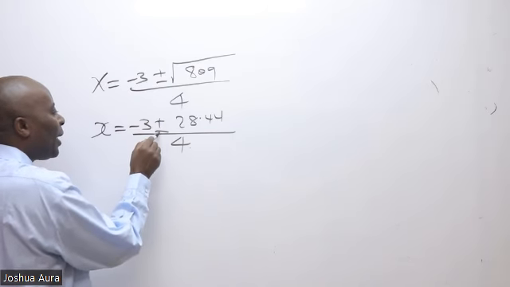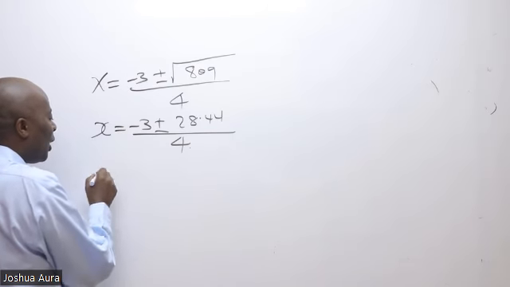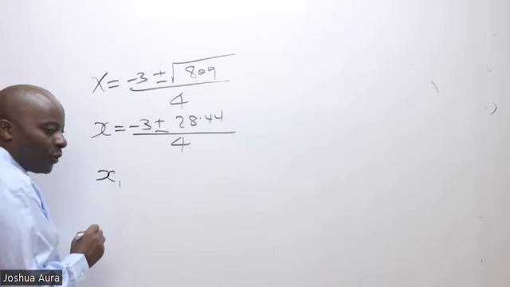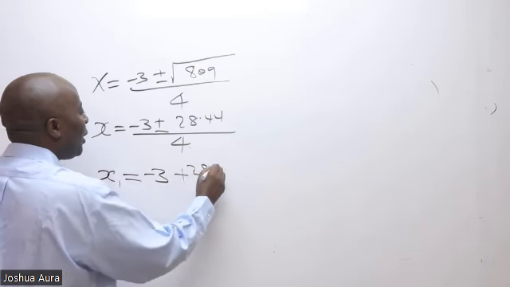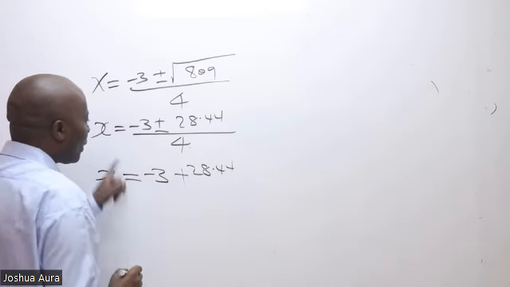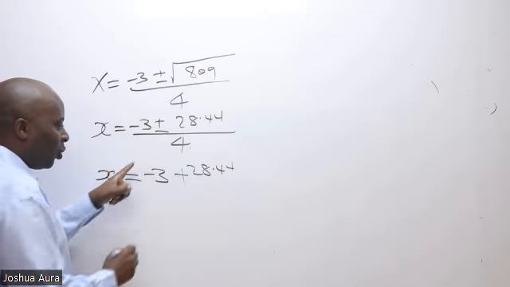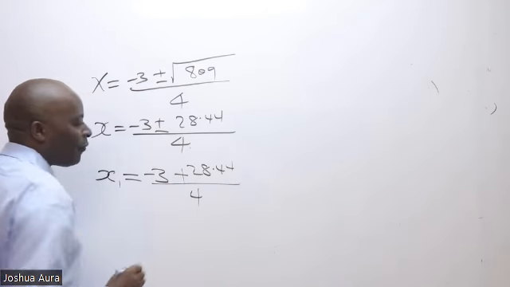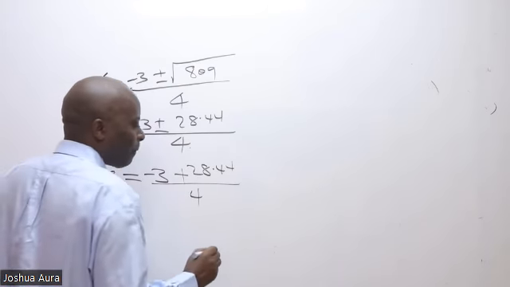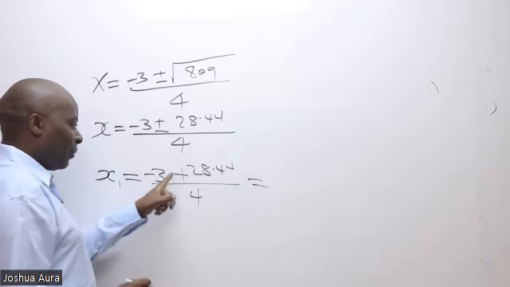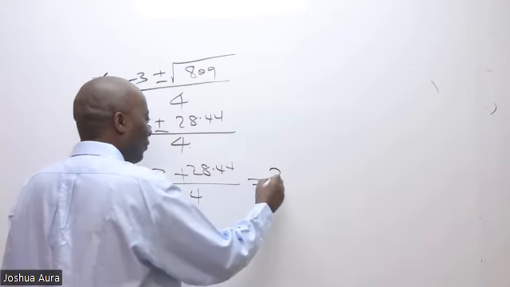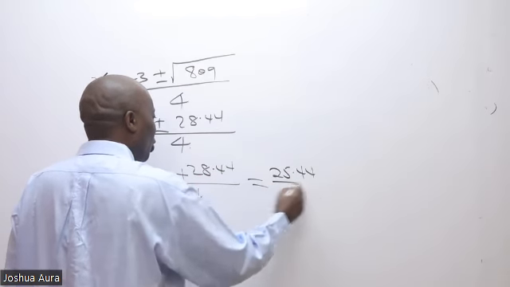Because of this plus and minus, which are at the same position, they're going to have 2 values of x. The first value of x will be minus 3 plus 28.44. So the first value of x will be when we consider plus alone, divided by 4. Minus 3 plus 28.44 will give me 25.44 all over 4.